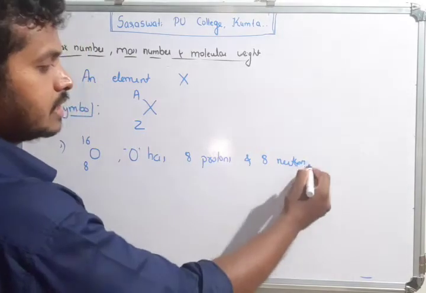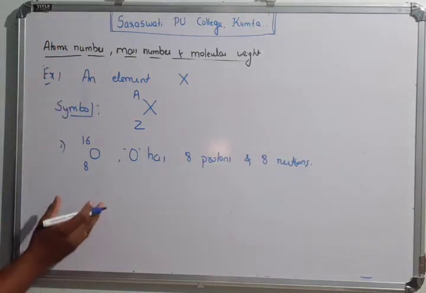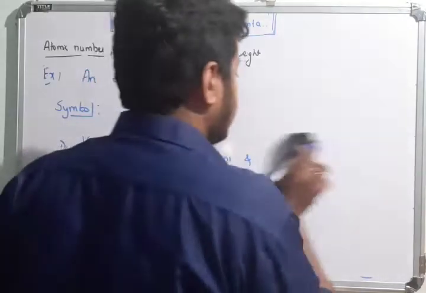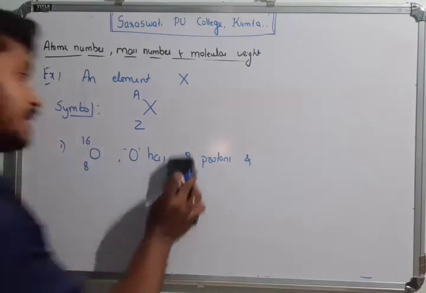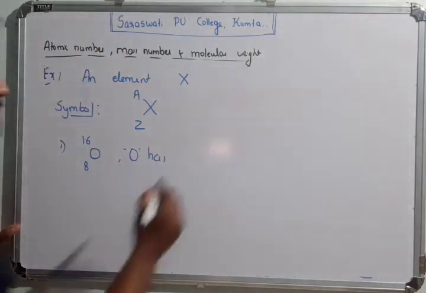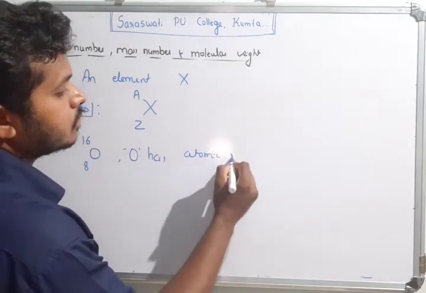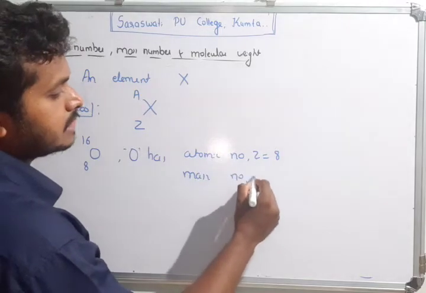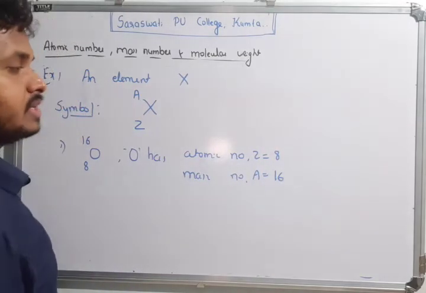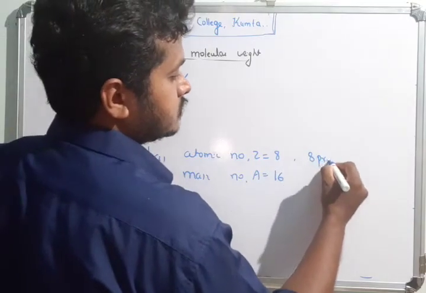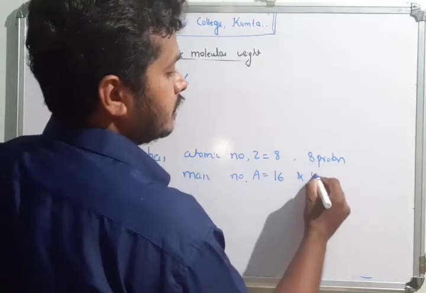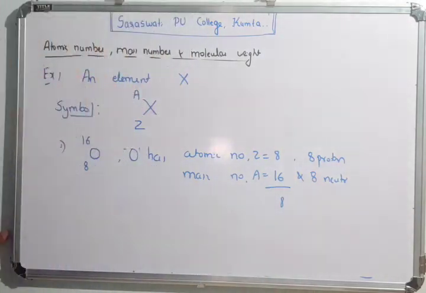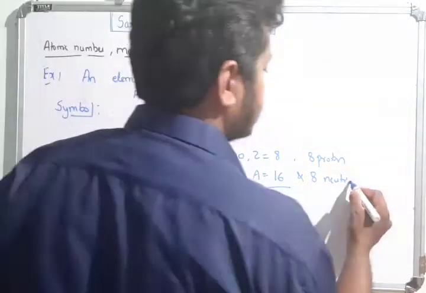How are there 8 neutrons? It's better to write it this way: oxygen has atomic number, the Z value, of 8, and mass number, the A value, of 16. So what does it indicate? It contains 8 protons and 8 neutrons. How? 16 minus 8 gives 8 neutrons. Got it? In this way we can understand.